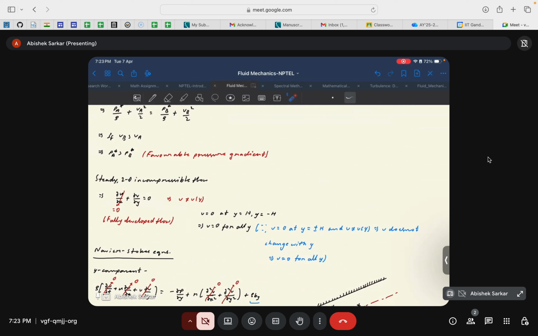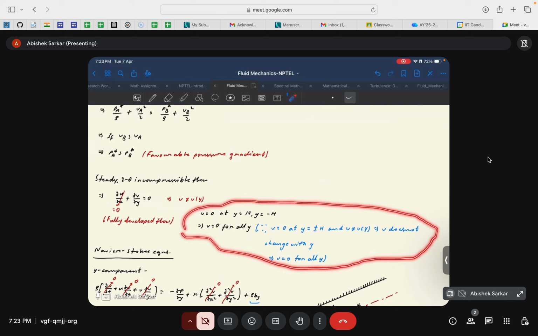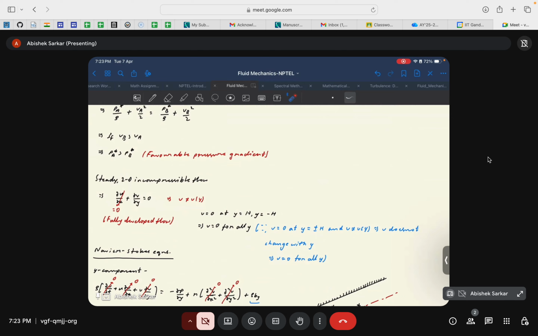So I will ask you to take some time to look into this consideration. At first it might seem a bit indigestible to some people, but from the mathematical point of view, this turns out to be quite valid, and that's why v is equal to 0 for all the points in the flow field, and thus your flow field essentially becomes a 1D flow. That is, you have only one velocity component, that is along the x direction, the u velocity component, okay?